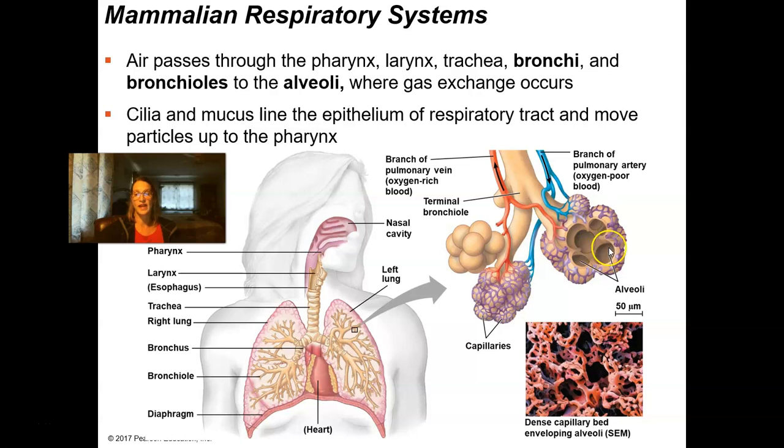There's a lot of oxygen in the air, and the capillaries can pick up that oxygen and then move the oxygenated blood back to the heart. That's going to be the pulmonary vein that brings oxygenated blood back to the heart.